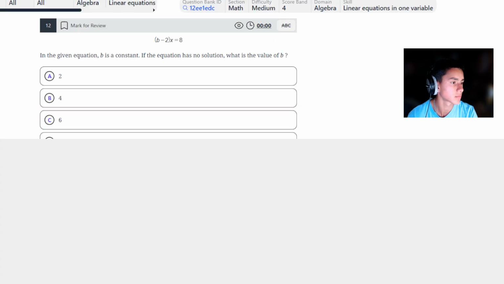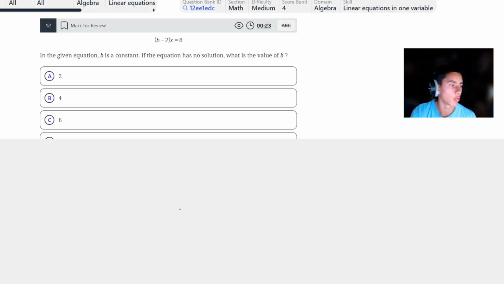In the given equation, b is a constant. If the equation has no solution, what is the value of b? Alright, so no solution means it has to be the same slope, but a different y-intercept.